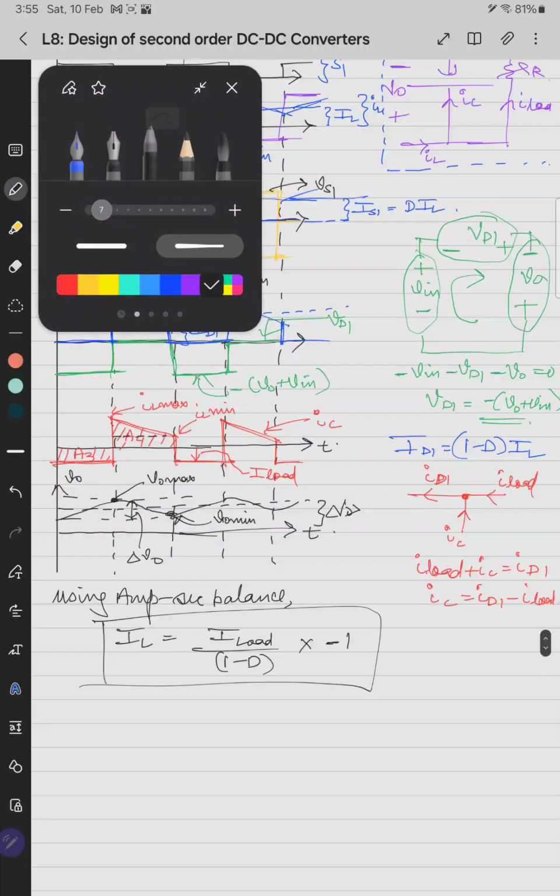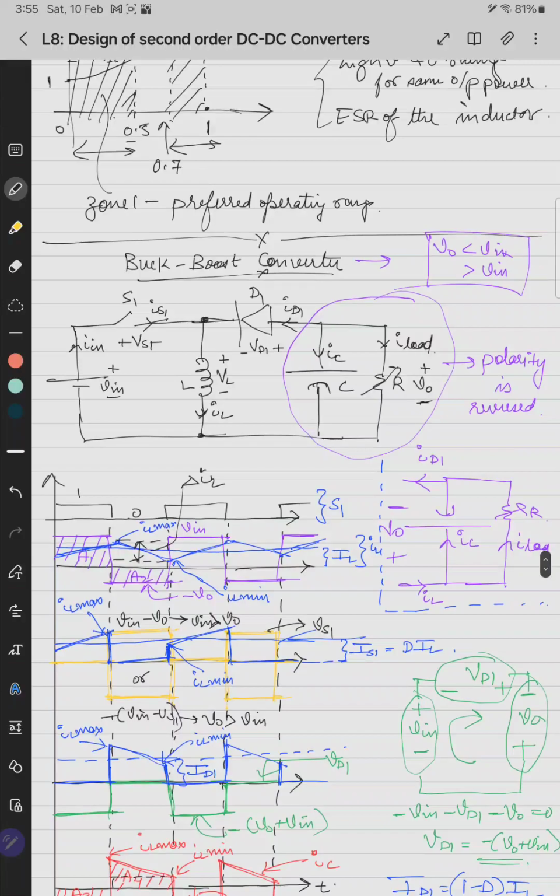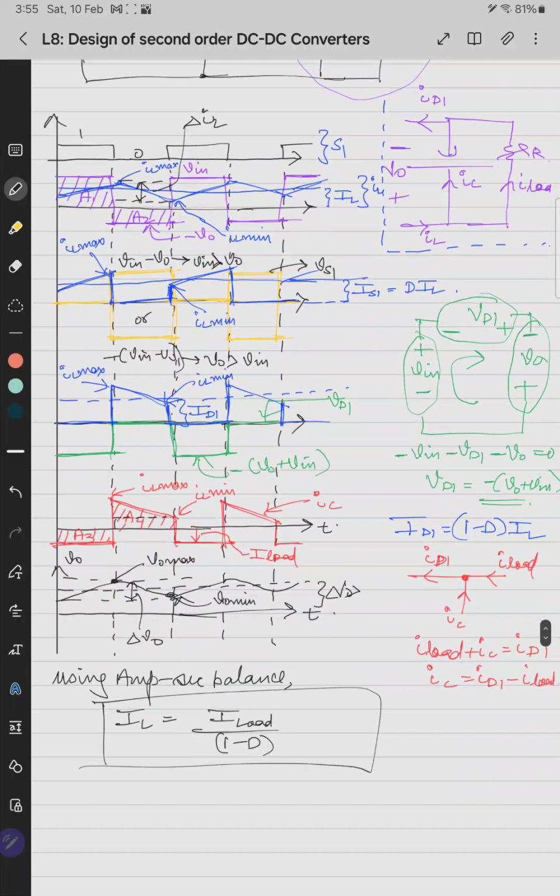Or you can avoid this negative sign and change the direction of the current in this fashion.